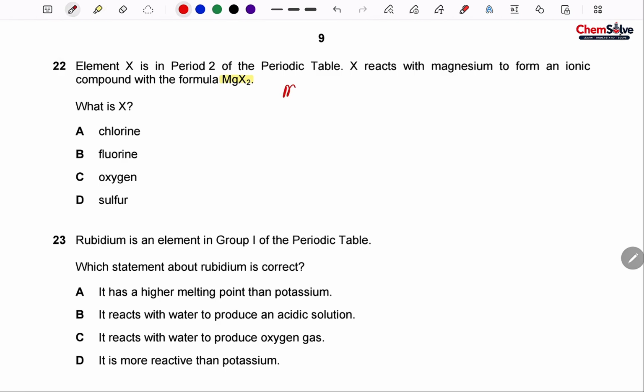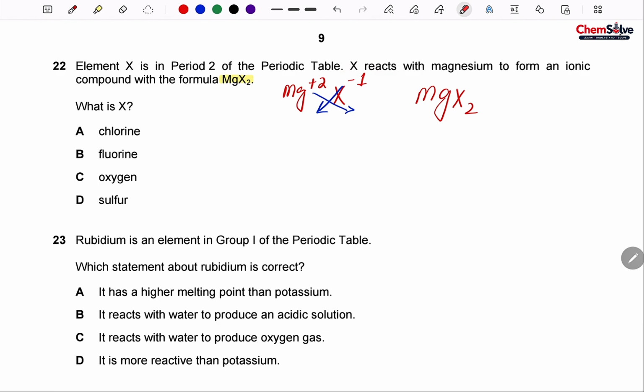Mg, you know, is in the second group of the periodic table, so Mg is +2, and when we make the formula, the charges are just swapped, so X should have -1, so that when I swap it, this one goes here and this 2 goes here. Resultantly the formula would be MgX2.